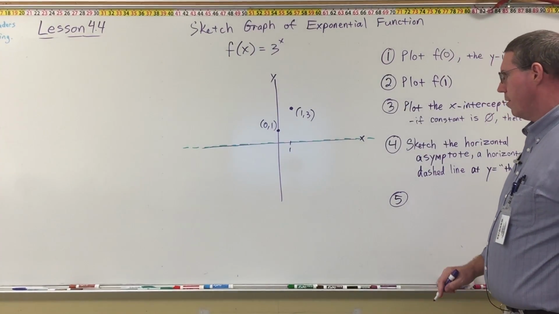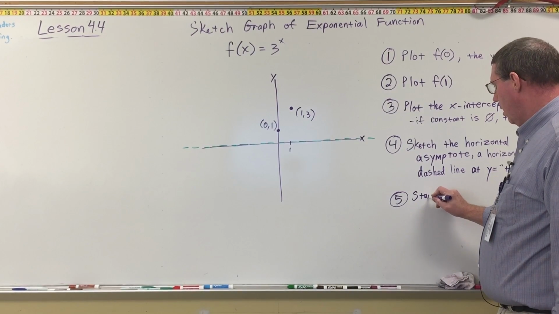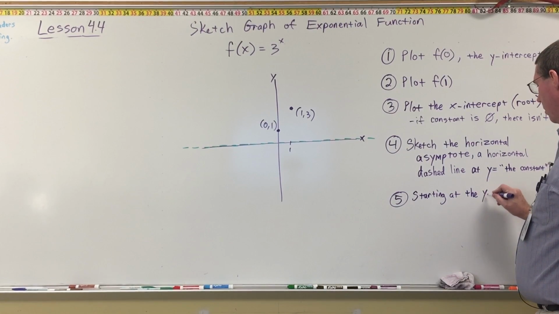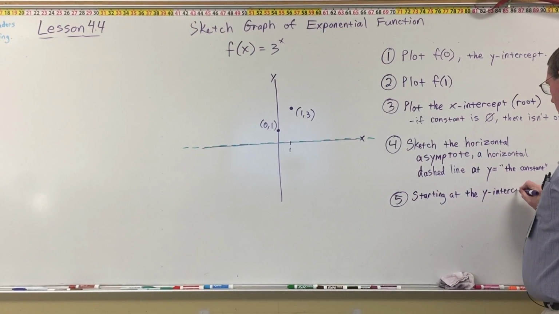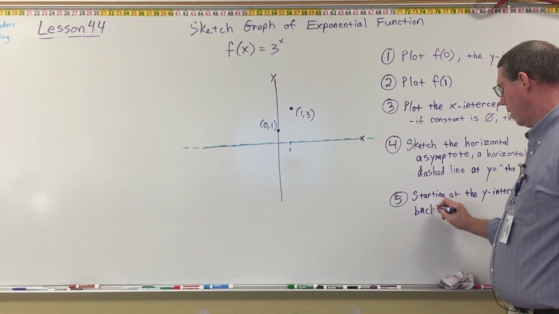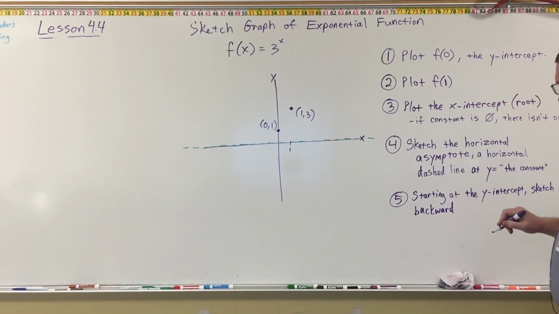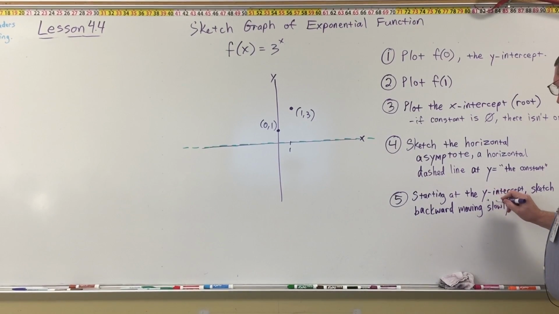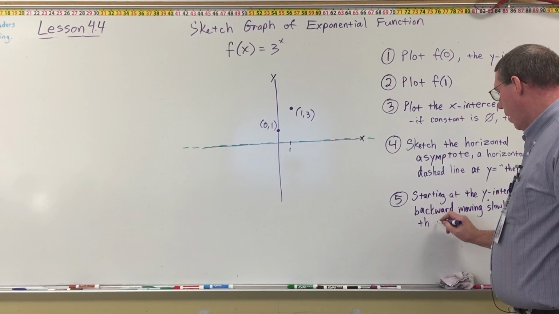Let me think about how to do this. Starting at the y-intercept, sketch backwards, moving slowly toward the asymptote.